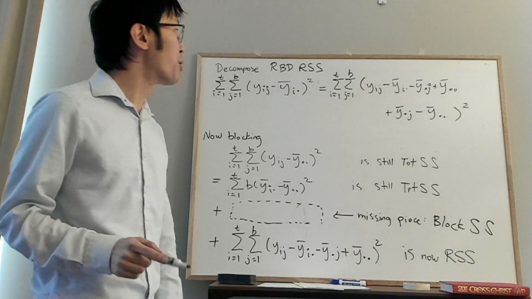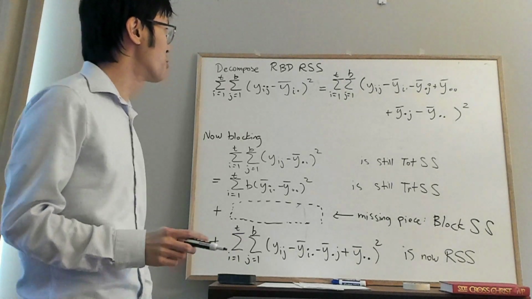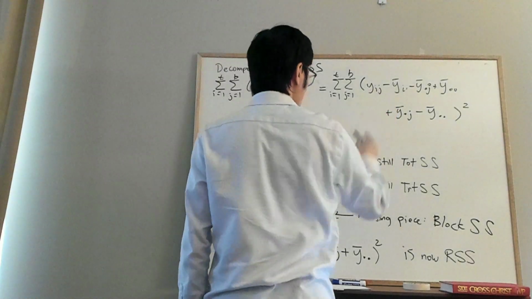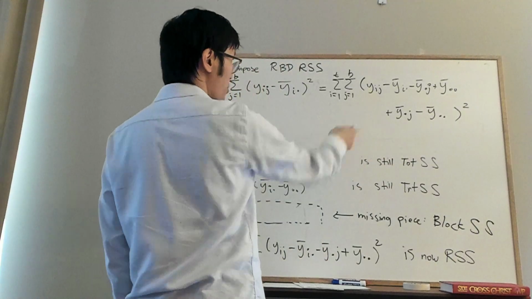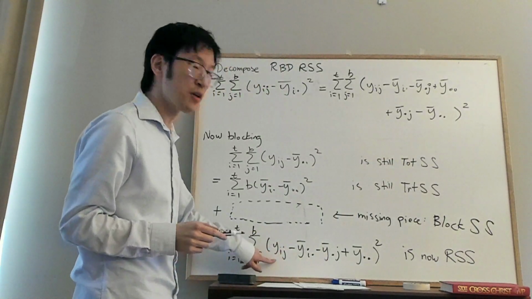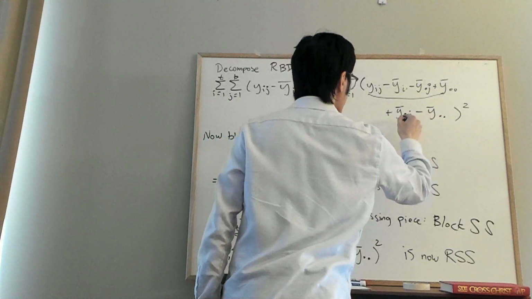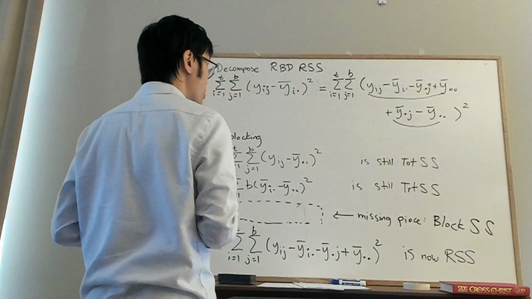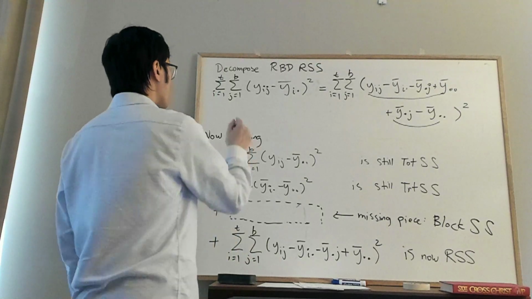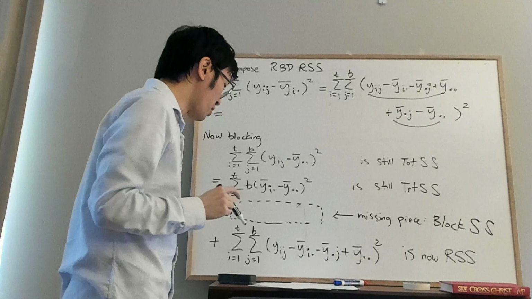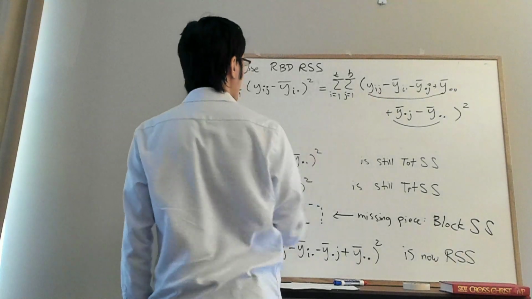Okay, so we know the drill here is to expand. Okay, so we're going to group these terms exactly as the way we would envision in order to get a square term that looks like this. Okay, so we're going to group terms like this, and then expand. Okay, so let's write out what that is.